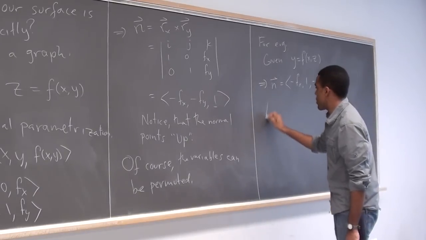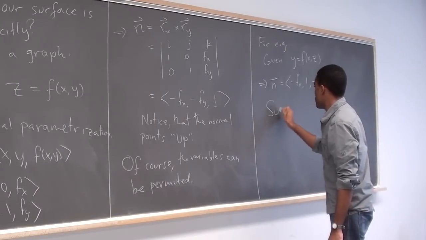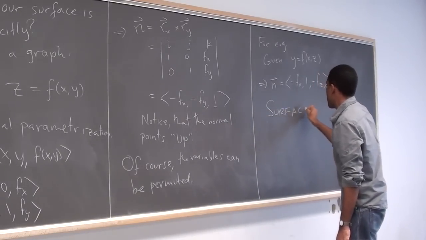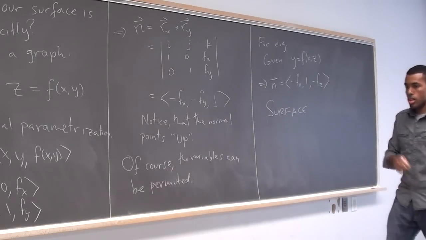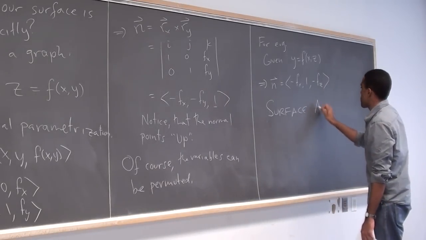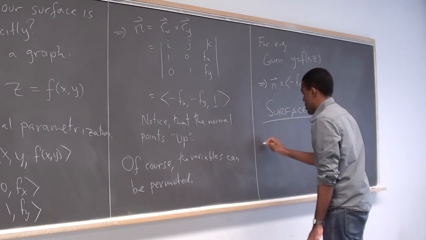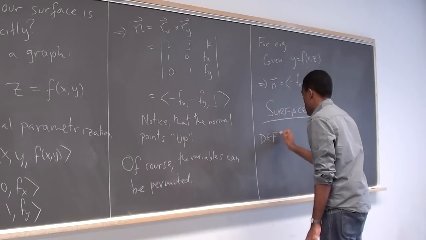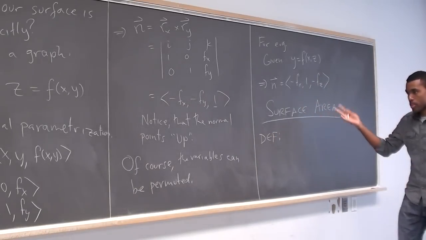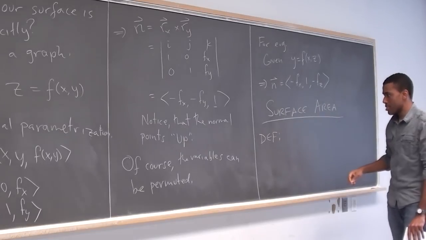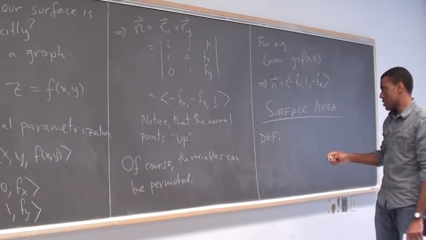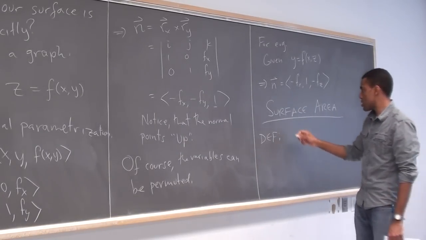Now let's talk about area, which is the problem that I asked you in the bonus problem for the quiz. Definition. Your textbook derived it for you. They use Riemann sums and all that. I don't think it really gives any insight to go into the proof, but just know that this is the case.